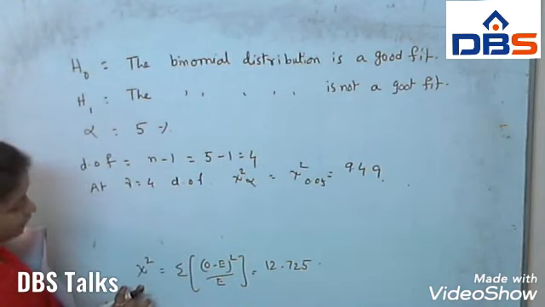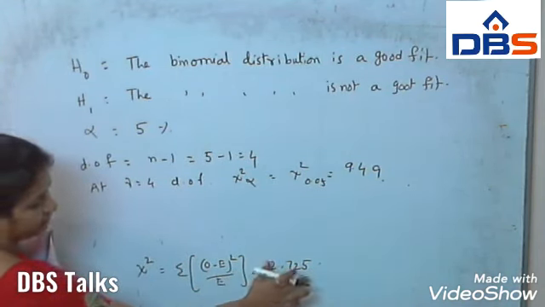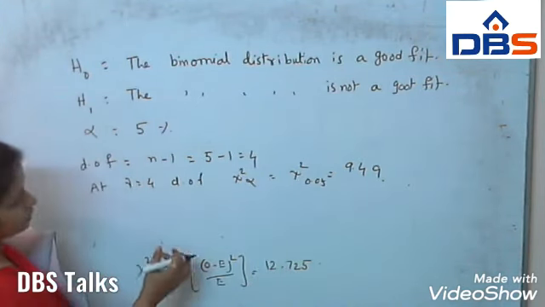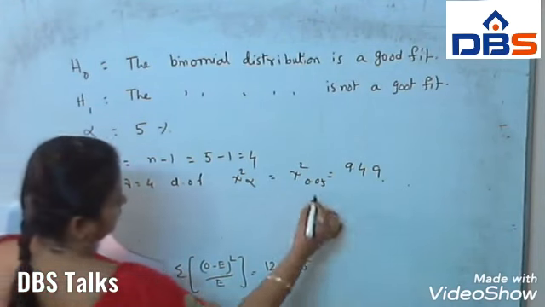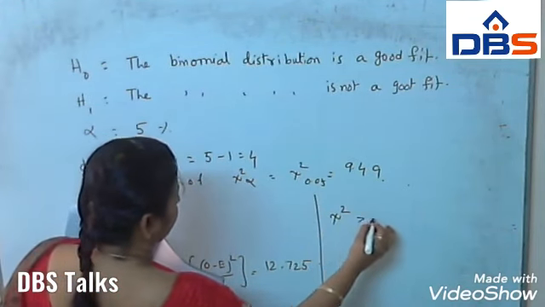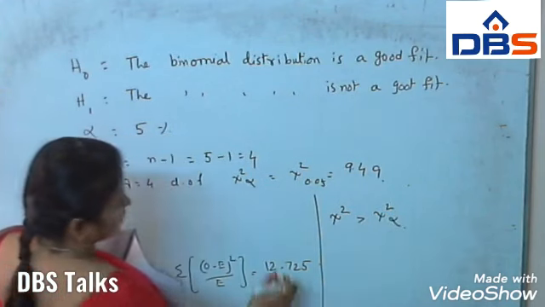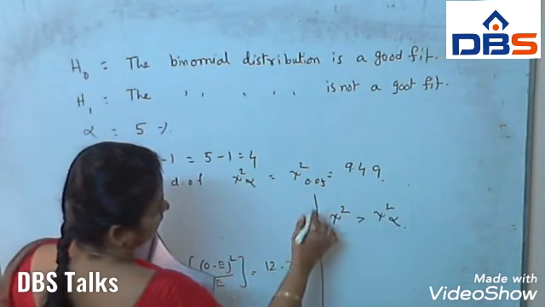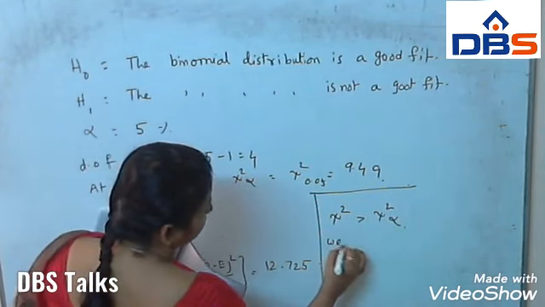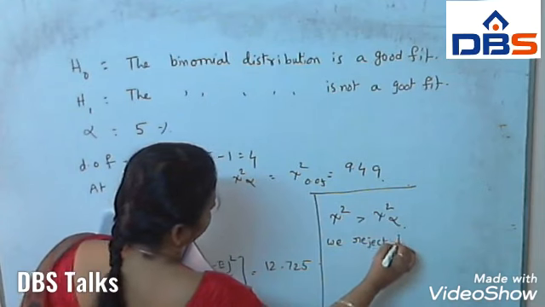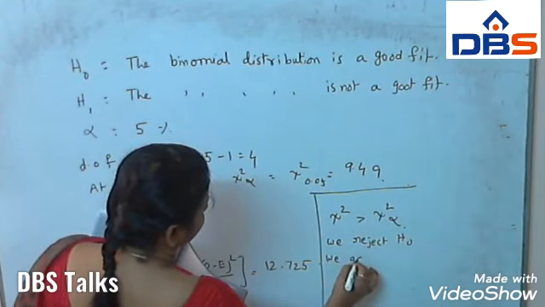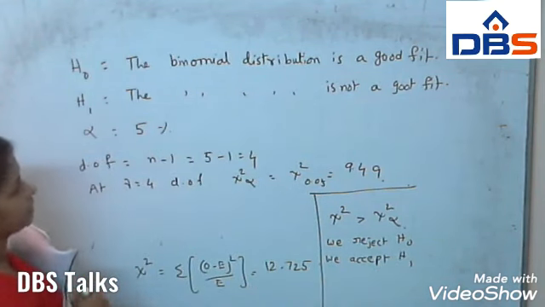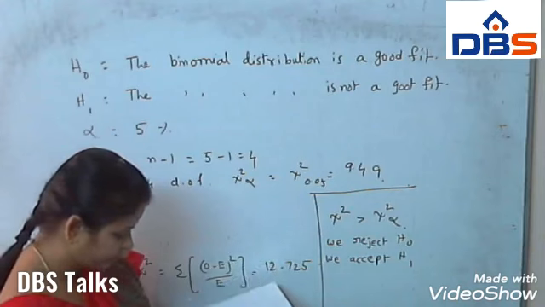The value of chi square from the formula is 12.725. The value of chi square from the table is 9.49. So chi square is greater than chi square alpha. So we reject H naught. We accept H1. That means we can say that the binomial distribution is not a good fit for this given data.